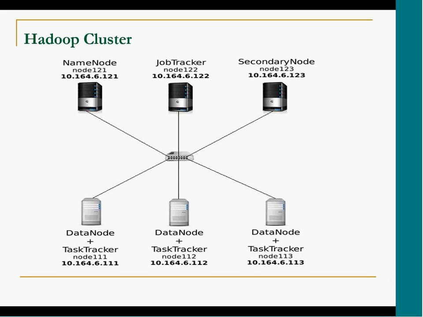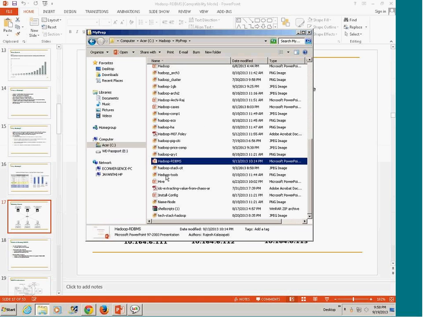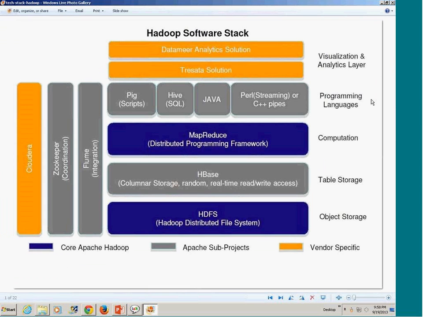Let me show you another view, the ecosystem components. Each component has its own role. You see this one, right? HDFS is just a file, you visualize it as just a file. On top of it is HBase.